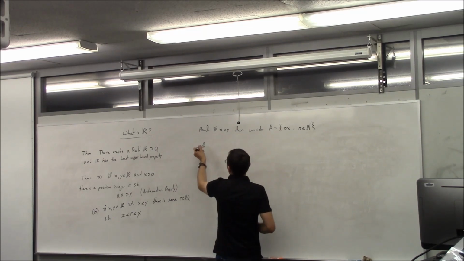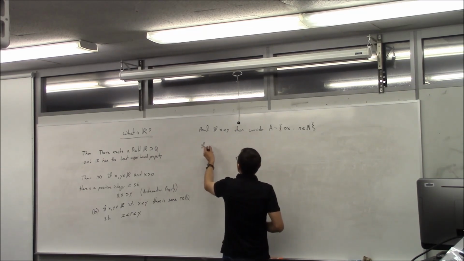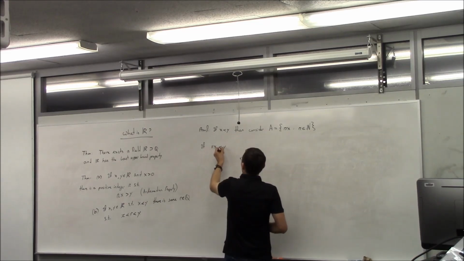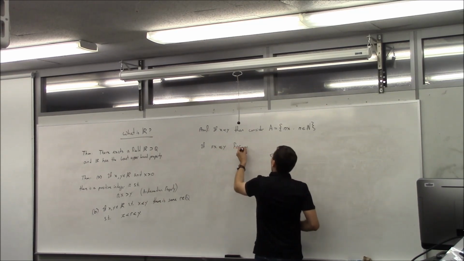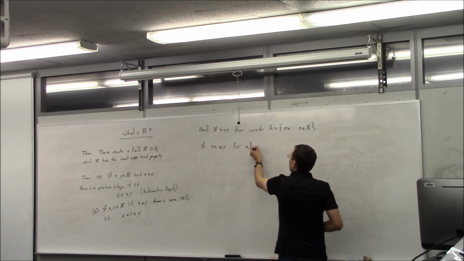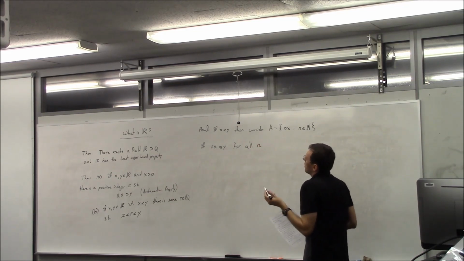If n times x is less than or equal to y for all n, it's going to be by contradiction.